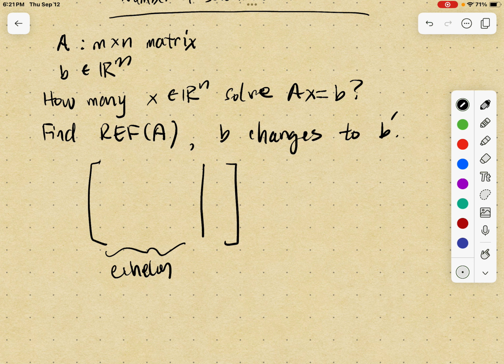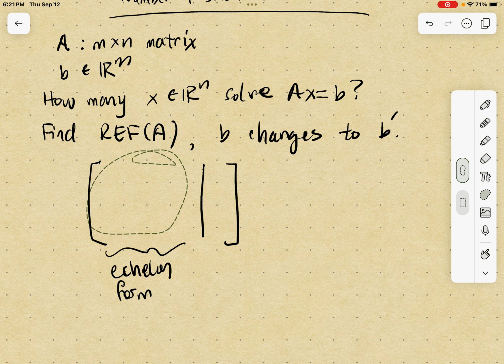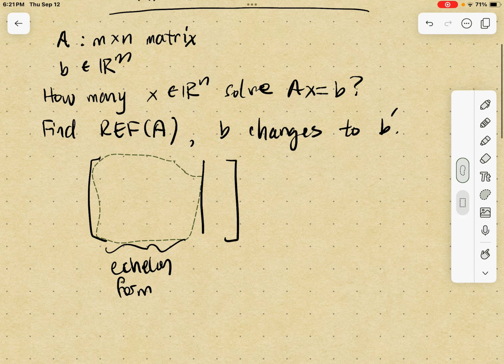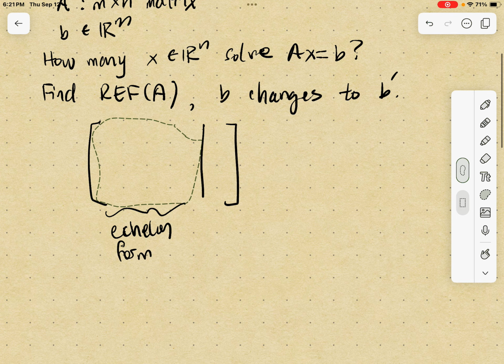Well, not the augmented matrix, the coefficient part of the augmented matrix, right? When you're reducing an augmented matrix, you're trying to get this part into echelon form. It doesn't matter what this is, okay? So you make sure that this matrix, the matrix A, gets to row echelon form. Not necessarily the augmented matrix.